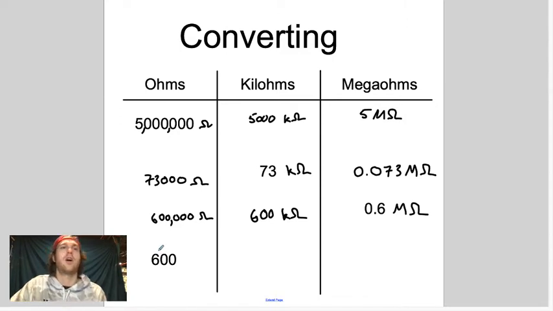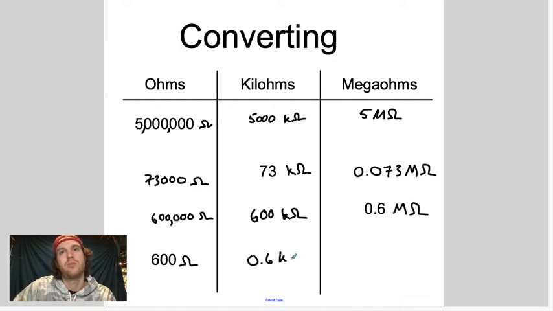Try 600 ohms on your own. If you get it, great. If not, maybe try a couple more with somebody else watching. So this is our ohms. You can pause it now if you want to try it on your own. And then kilo ohms, we're going this direction, divide by 1,000: 0.6 kilo ohms.